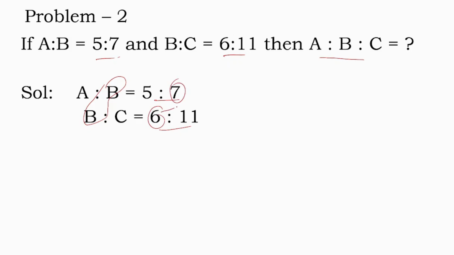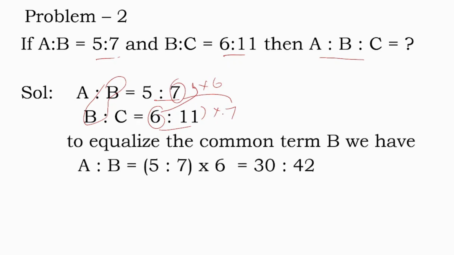That's why the first ratio is multiplied with the B value in the second ratio, 6, and the second ratio is multiplied with the B value in the first ratio, that is 7. So here 6 fives are 30, 6 sevens are 42.